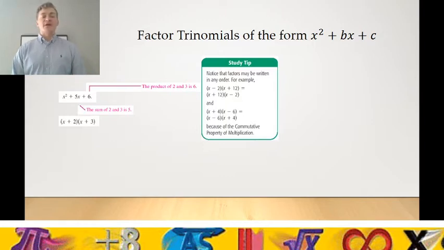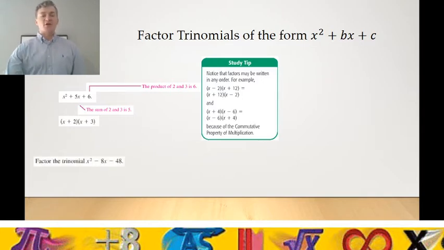The product of x plus 2 and x plus 3 will give us x squared plus 3x plus 2x plus 6, where the combination of like terms, 3x and 2x, will simplify down to 5x for a simplified trinomial x squared plus 5x plus 6.